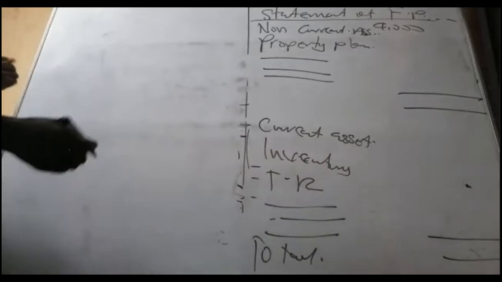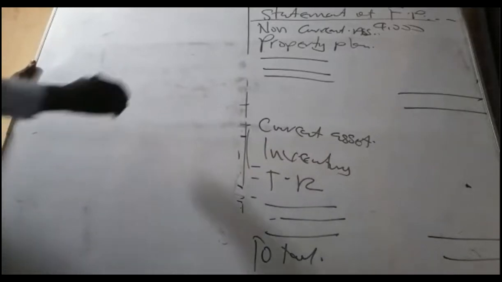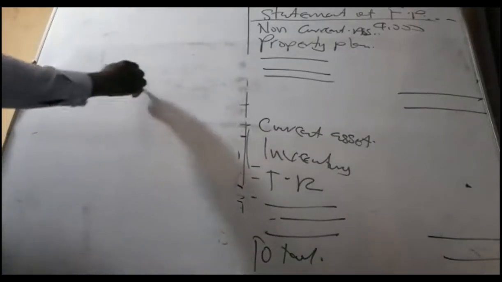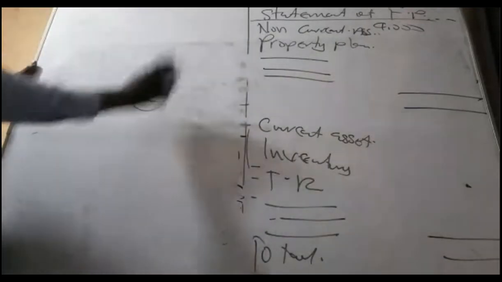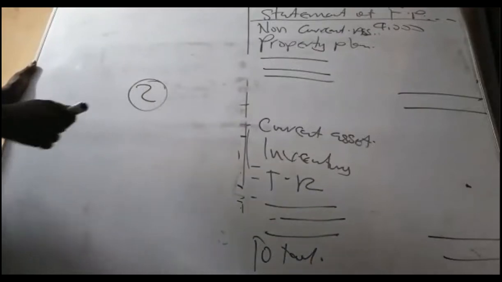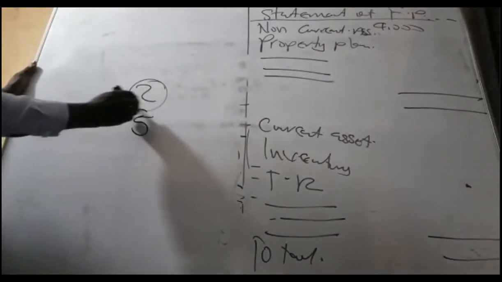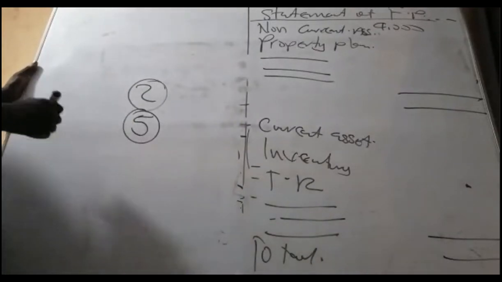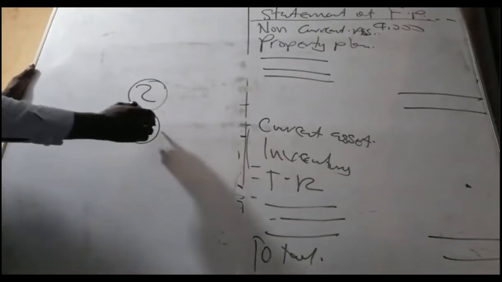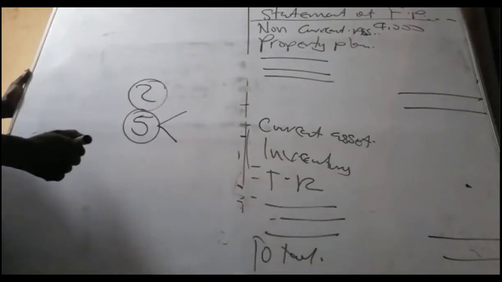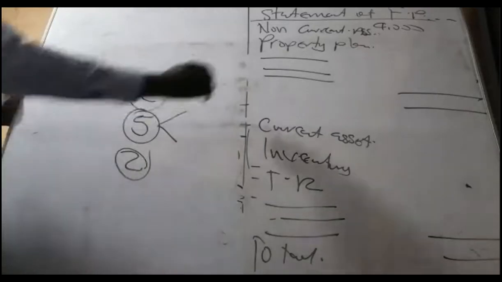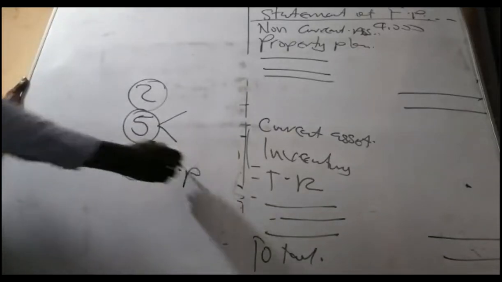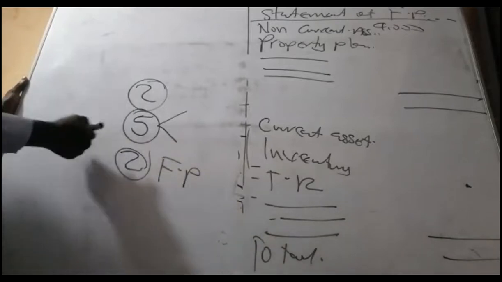Because first, you are using 2 minutes to read the question, to write the name of the company and the requirement. Use another 5 minutes to read the footnote to determine where to affect the impact. Use another 2 minutes to demarcate the financial position. That's the step. So 9 minutes is gone.